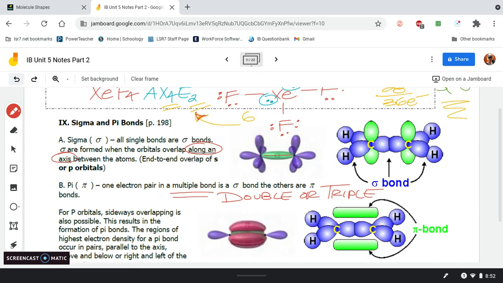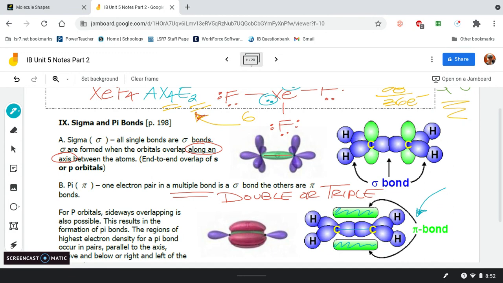You got to put the balloons above and below it, or to the left and the right. This is a really good diagram for the pi bond because it shows the end to end, this spot here is taken. So now we got to go above and below. That would be a double bond, or left and right of it would be a triple bond.